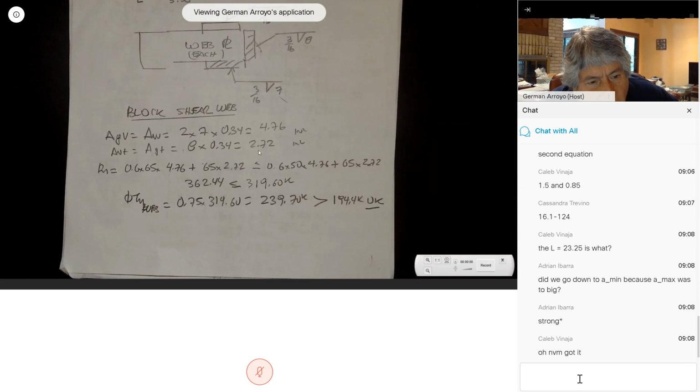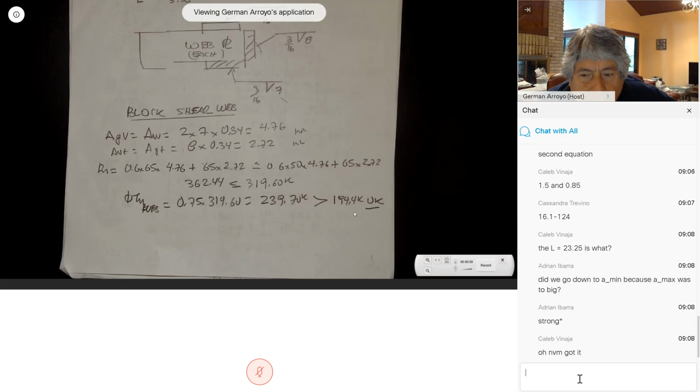And this is the same equation, 0.6 Fu, because it's the web. And Fu times the net area in tension, 0.6 Fy. This is the same block shear equation we always use. So we had 239.70, larger than 194.4. Why comparing with 194.4? Because 194.4 is the force that is going to be transferred by the web.